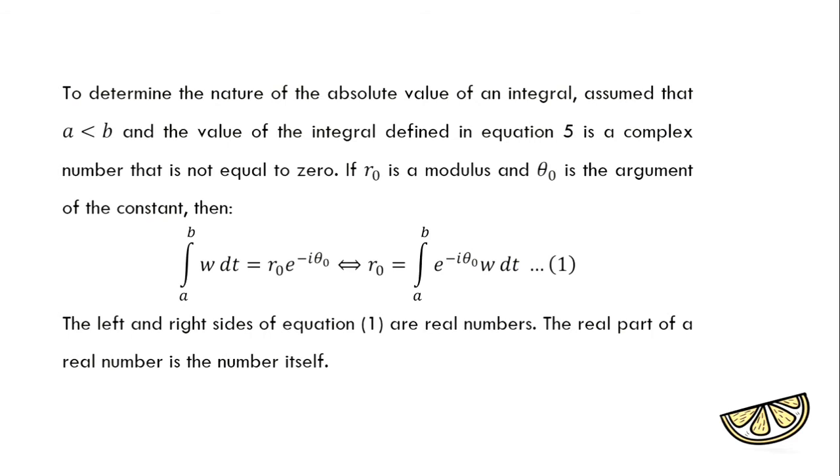If r0 is the modulus and θ0 is the argument of the constant, then the integral of w dt from a to b equals r0 e^{-iθ0}, equivalent to r0 equals the integral of e^{-iθ0} w dt from a to b. The left and right sides of equation 1 are real numbers. The real part of a real number is the number itself.